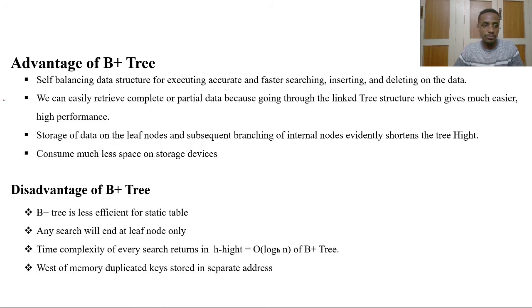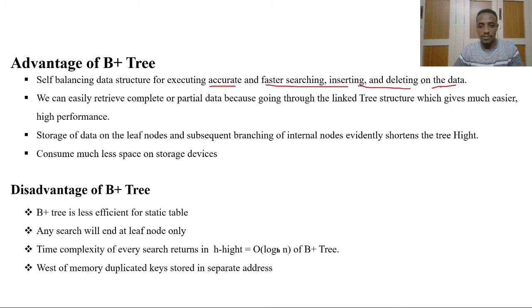Some advantages of the B+ tree: it is a self-balancing data structure for executing accurate and faster searching, insertion, and deletion on the data. So on the disk data, we are operating insertion, adding some values, deleting some values, or searching some pointers or values in the data that we have in our table.